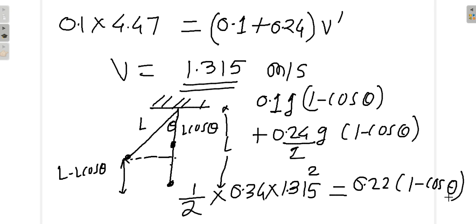Again we'll have to do some intricate calculations. The g I forgot.